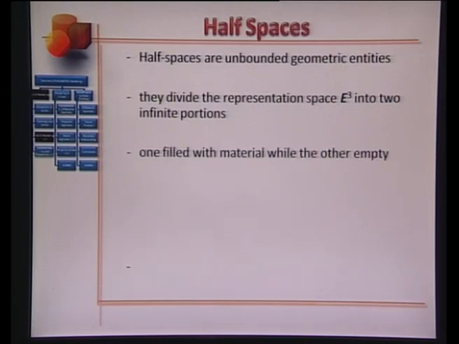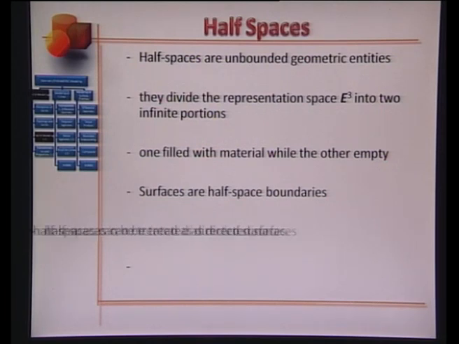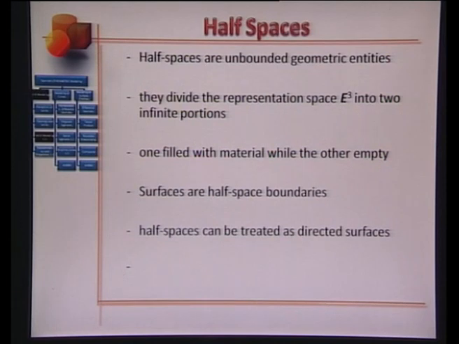One portion is filled with material while the other is empty. Surfaces are all half space boundaries in a way. Half spaces can be treated as directed surfaces. The direction vector would point towards the material side, and that's the reason why.